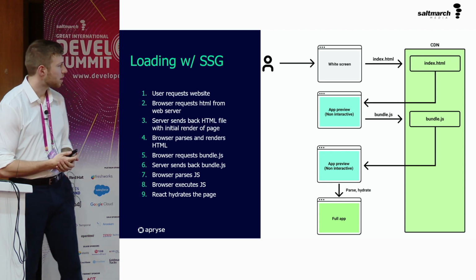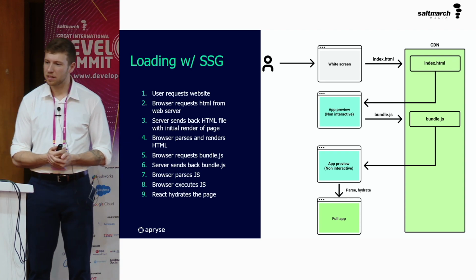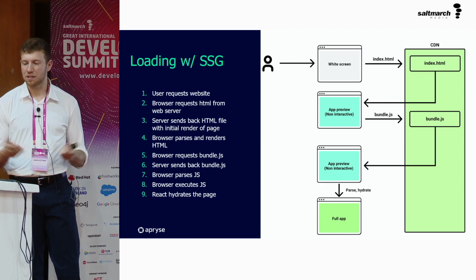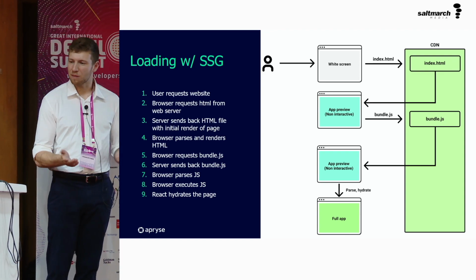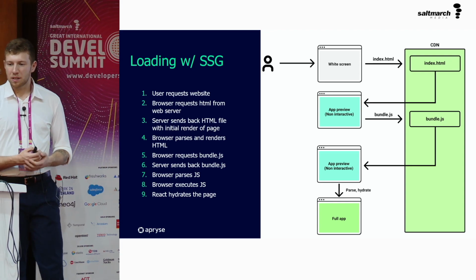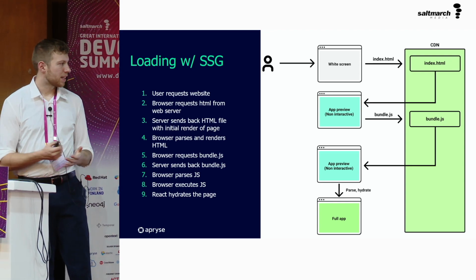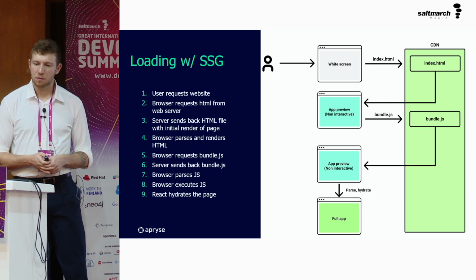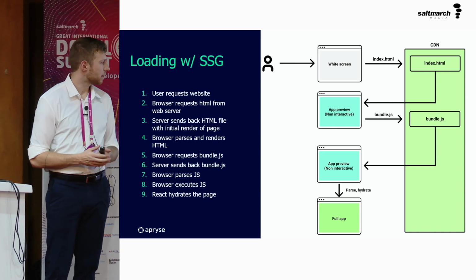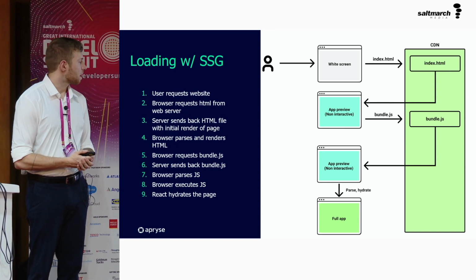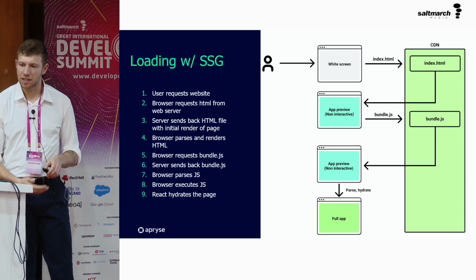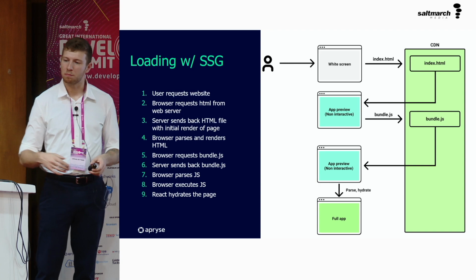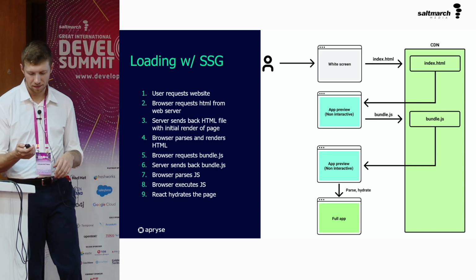This is a common complaint of statically generated websites: I need to build 1 million HTML files, which obviously can take a while. Another downside of a statically generated website is that I still need to rebuild and redeploy to make updates to my website. And this kind of exaggerates that long build time. If I want to add a blog every day, I'm waiting 15 minutes for this build once a day, which can be quite annoying.